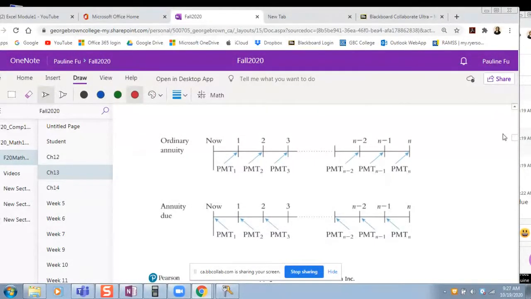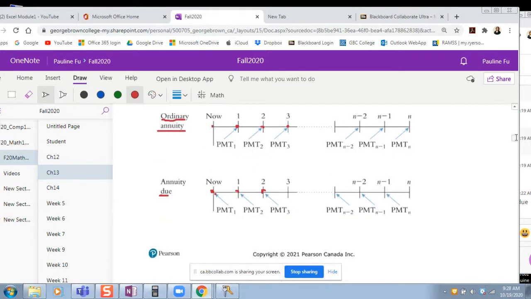The reason is, when it is ordinary annuity, payment is made at the end, at the end of each month or each quarter, each year. Due means payment is made at the beginning. You see the difference? Beginning. So you have times 1 plus I.